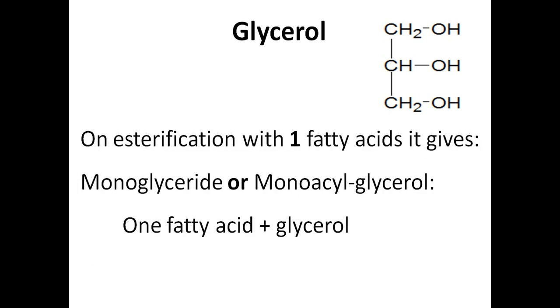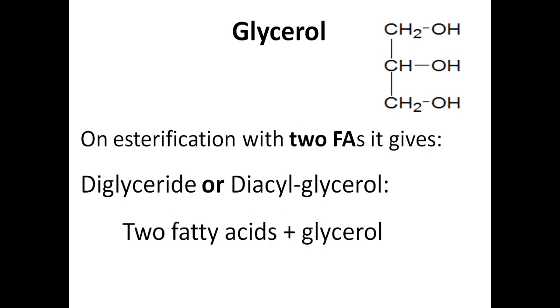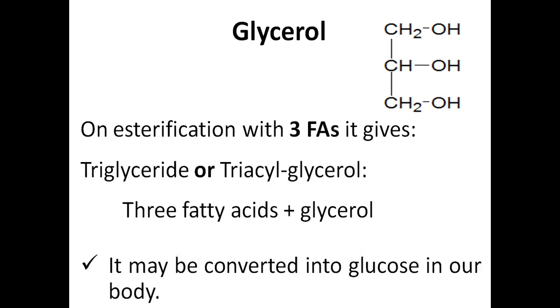On esterification with one fatty acid, it gives monoglyceride or monoacylglycerol. So one fatty acid plus glycerol forms monoglyceride or monoacylglycerol. On esterification with 2 fatty acids, it gives diglyceride or diacylglycerol. 2 fatty acids plus glycerol forms diacylglycerol or diglyceride.